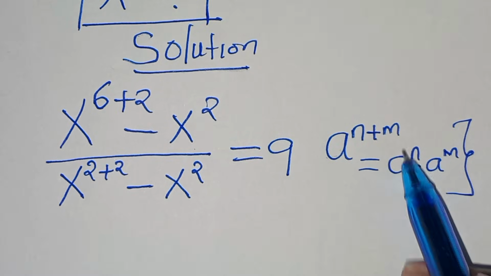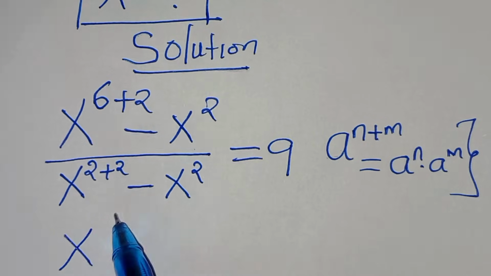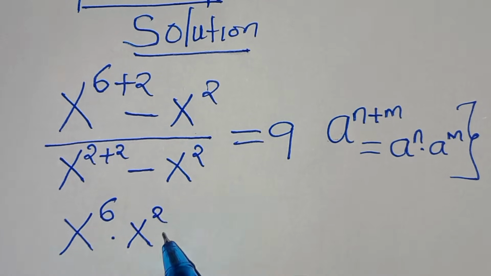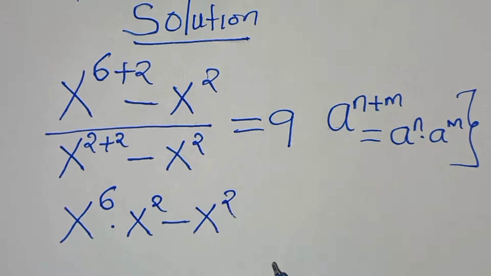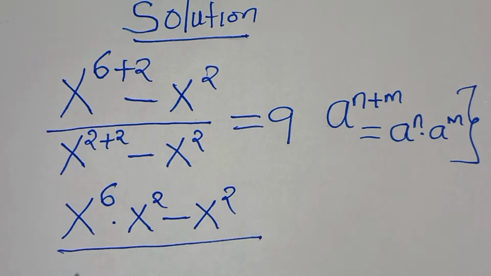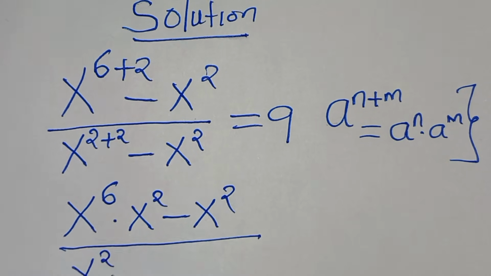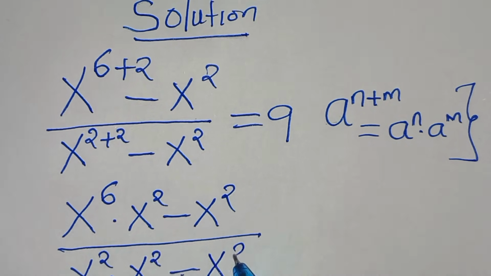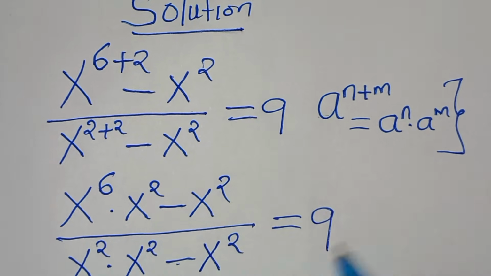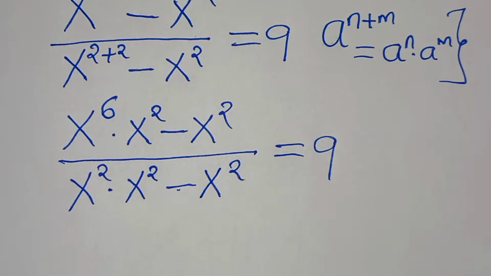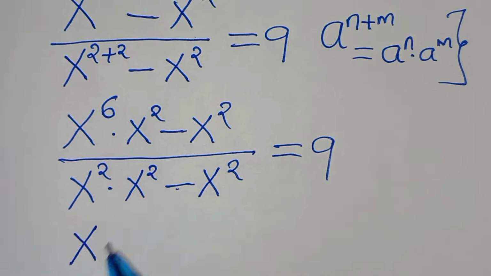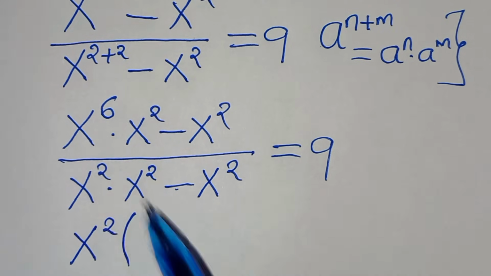Applying this exponent property, we have x^6 times x^2, minus x^2, divided by x^2 times x^2, then subtract x^2. This is equal to 9. x^2 is common here, so we can factor out x^2 into the parentheses.